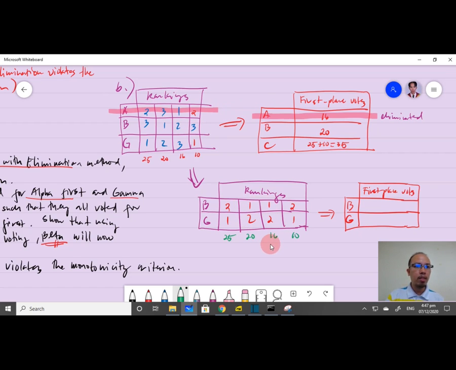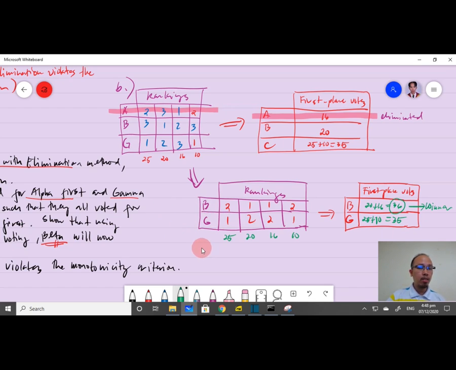So 20 plus 16, which is 36. But for gamma, we have 25 and 10, which is equal to 35, sorry. So the winner here is beta.